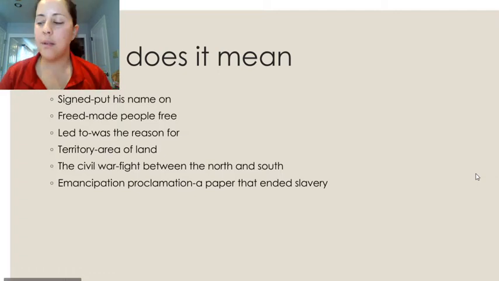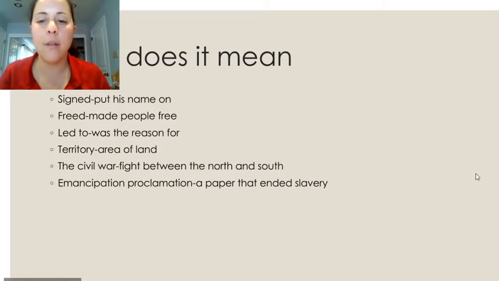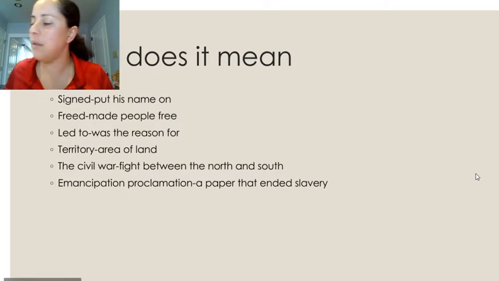The United States bought Louisiana from France. Louisiana was a United States territory. You can see on page 71, the first page of the chapter, the Louisiana territory was purchased from France in 1803.